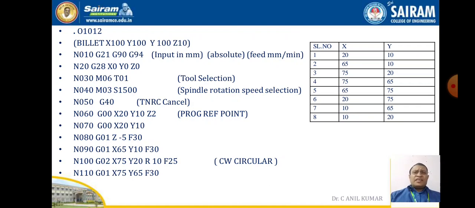In the line N110, G01, which is again a forward motion, and it's X of 75 and Y of 65, F of 30. The feed rate remains common as well as constant.